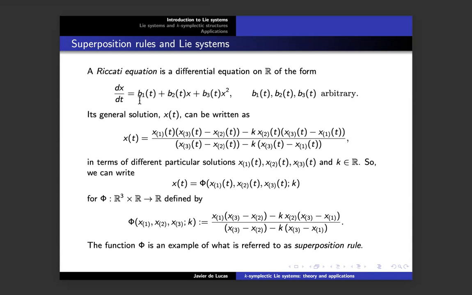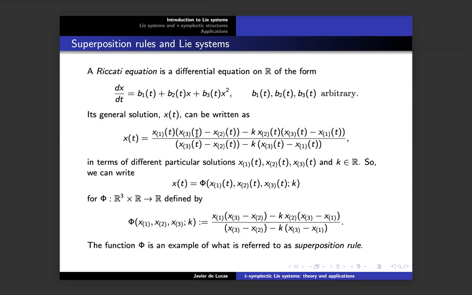And it turns out that this Riccati equation satisfies that its general solution can be written as a certain function of three particular solutions, like it is written here. These particular solutions take values x1, x2, x3, and some constant k. When you fix three particular solutions, they must be different.